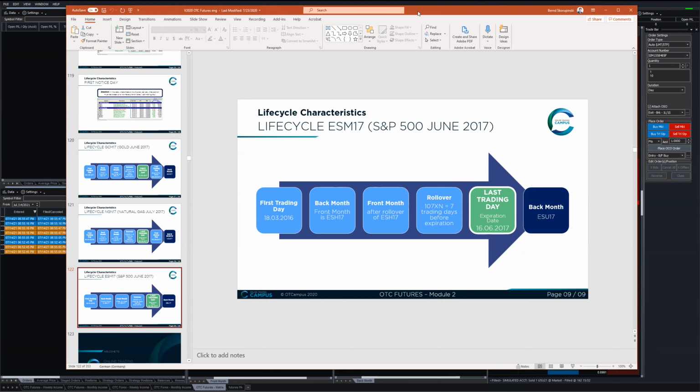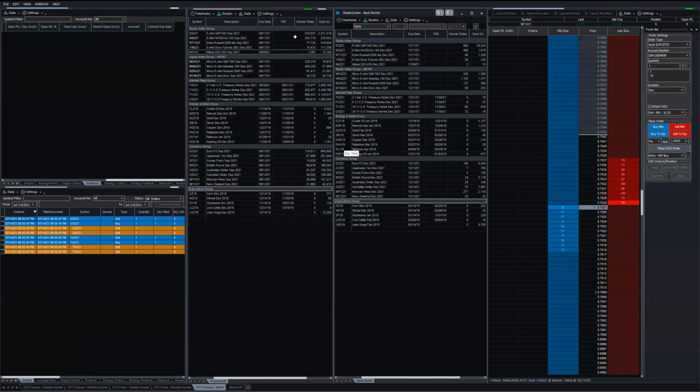So bottom line, to keep this very simple, and it's actually really simple, that's why we created this radar screen with 2 columns, expiration date and first notice day. And the rule for you is very straightforward.